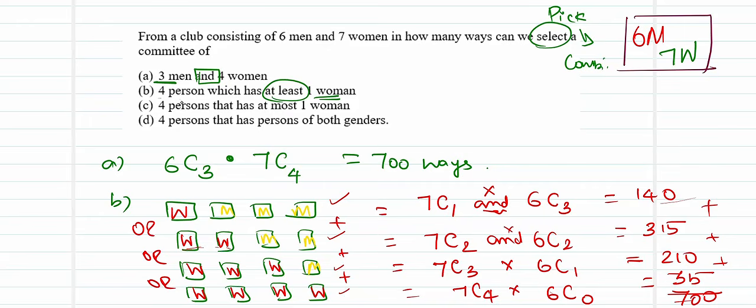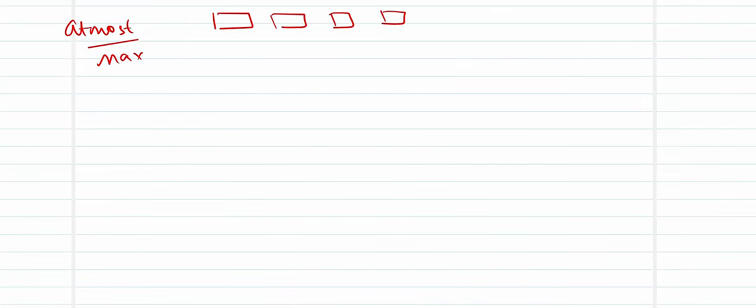Now the third case where you have at most one woman. So what do you mean by at most? At most means a maximum of one woman can be there. Okay, so out of the 4 boxes, a maximum of one woman can be there.